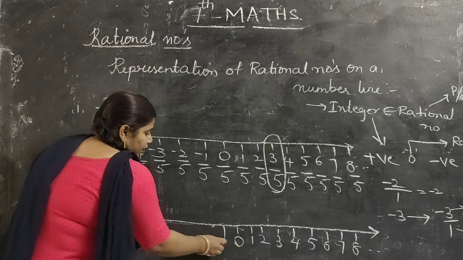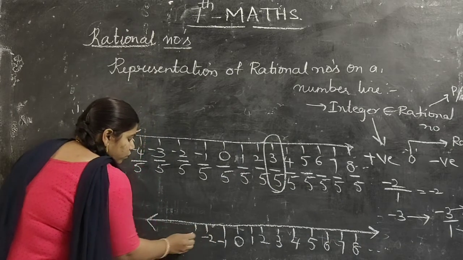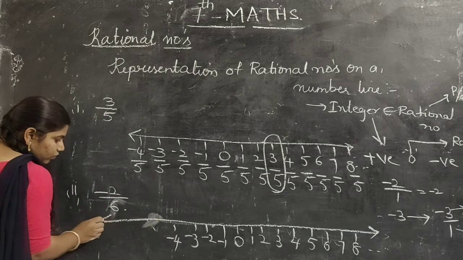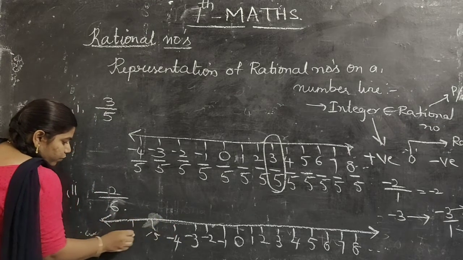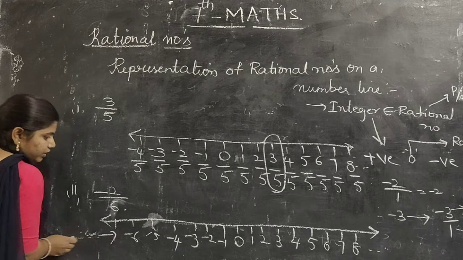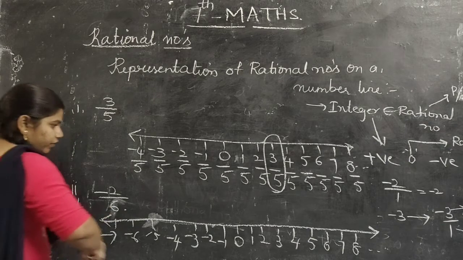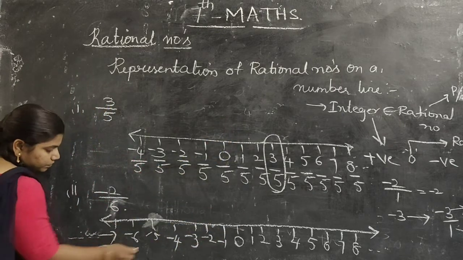And here minus 1, minus 2, minus 3, minus 4, minus 5, minus 6, minus 7 and so on. So which is the denominator here? Denominator is 6. So divide all the numbers by 6 now.